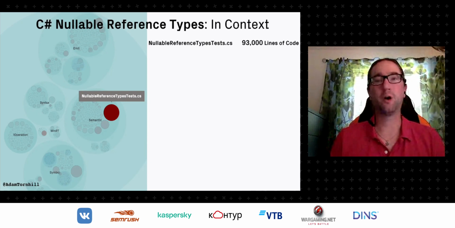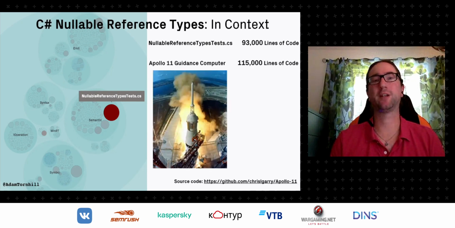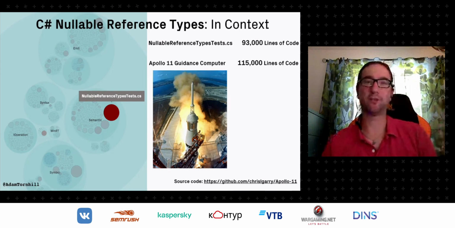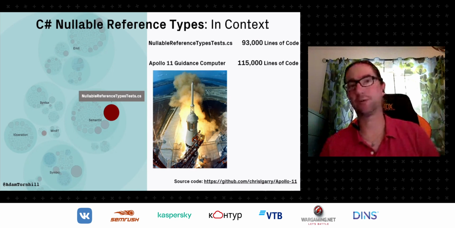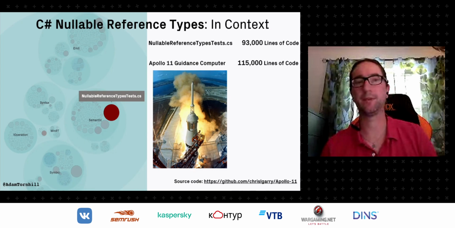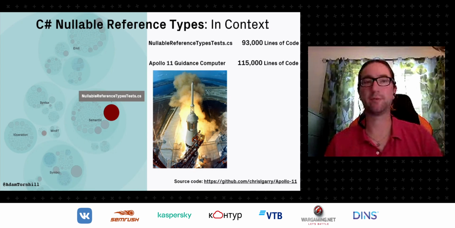The source code for the whole Apollo 11 guidance computer is 115,000 lines of code. And I have to say in fairness that Apollo 11 was implemented using machine code, right? So it probably equates to something like maybe 20, 30,000 lines of code today in a high level language like C#.